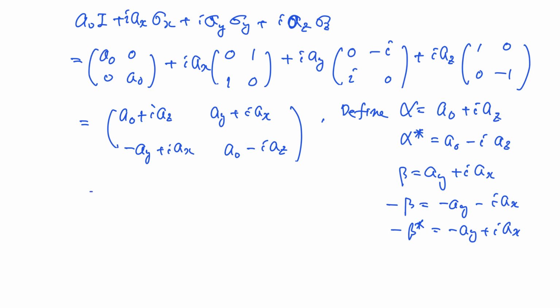So this is actually the matrix alpha, beta, minus beta complex conjugate, alpha complex conjugate.